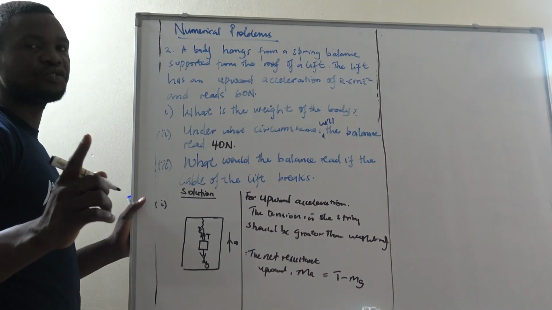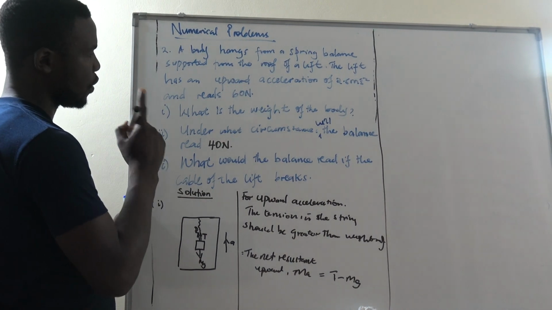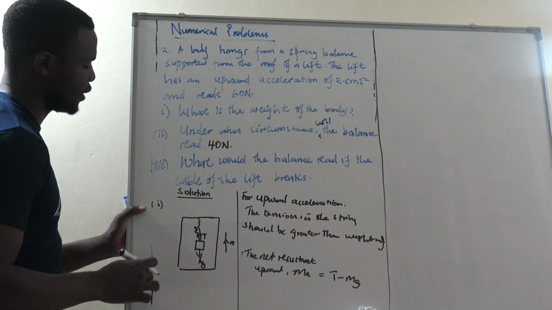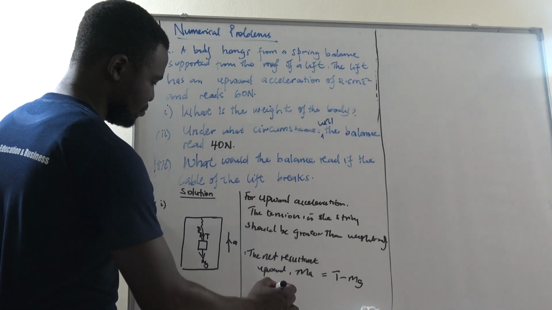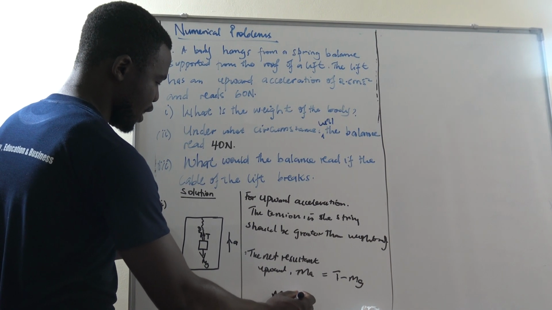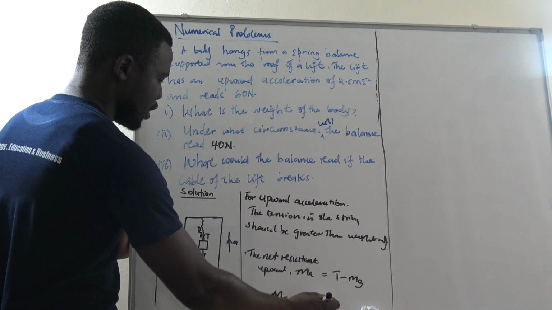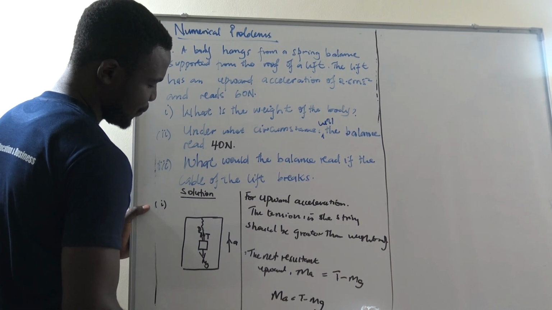The tension in the string is the reading of the spring ballast. So ma is equal to T minus mg.